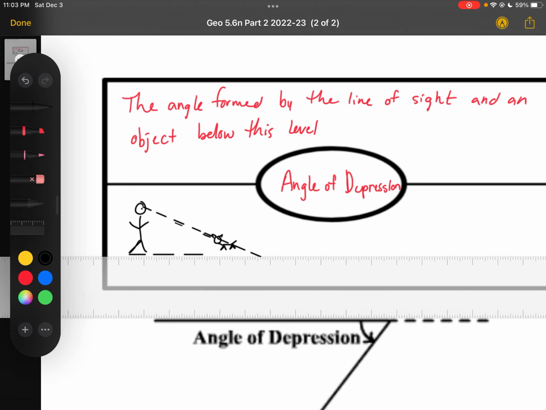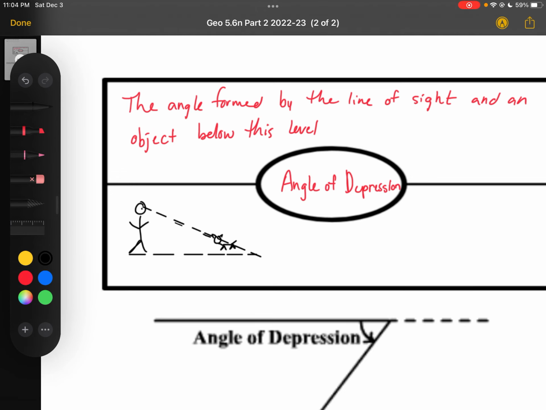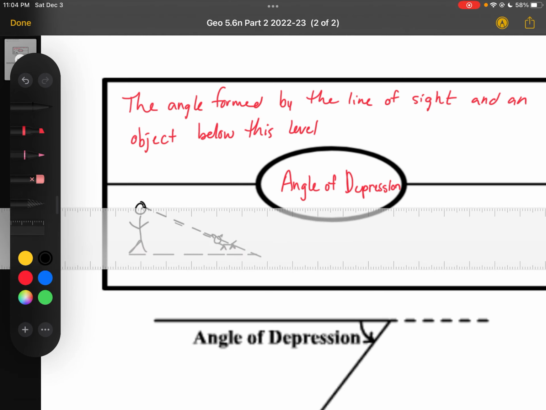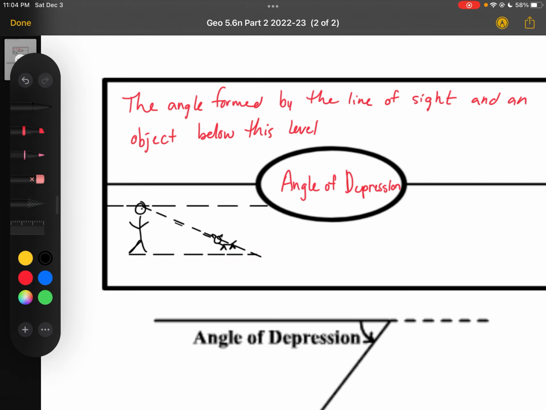And then again, both you and the dog should be on the ground. So this angle, this time, is formed by basically what we are looking at down from your eye to whatever that object is. Now the tricky thing here is we have the ground as a line, but we also have to use the line of sight from your eye as a line as well.